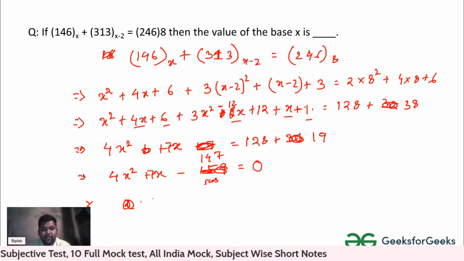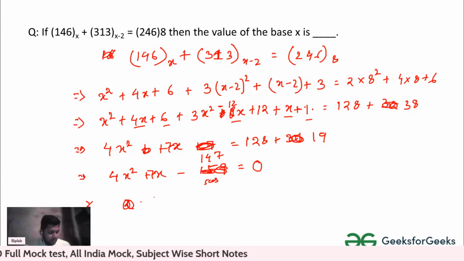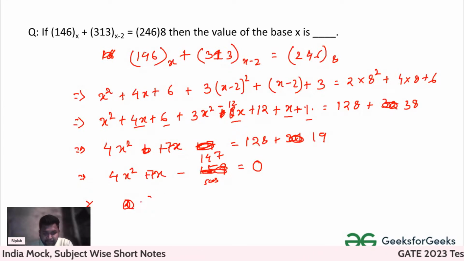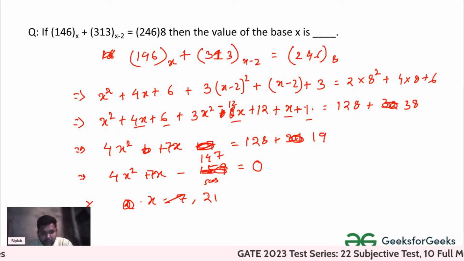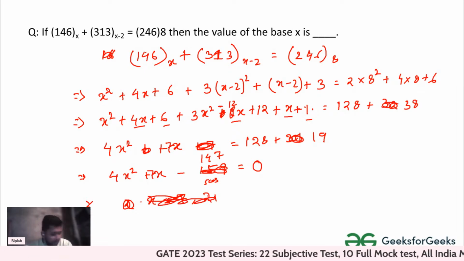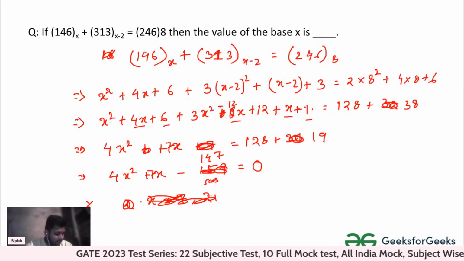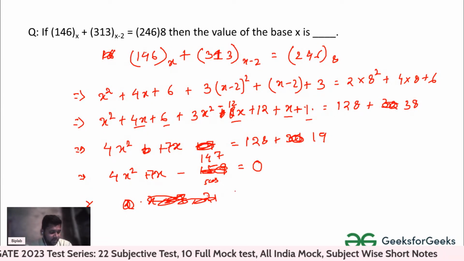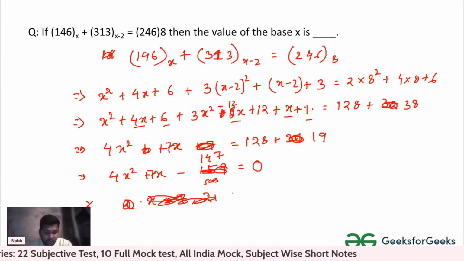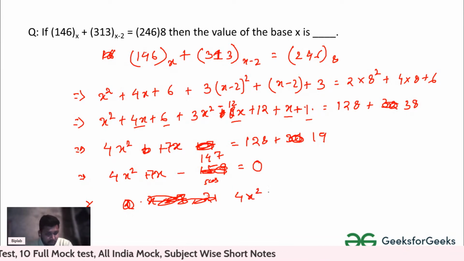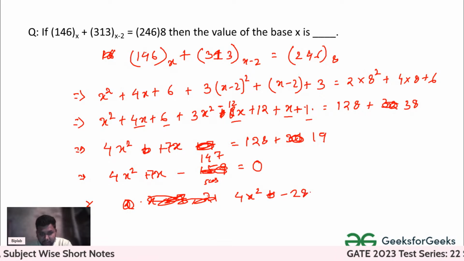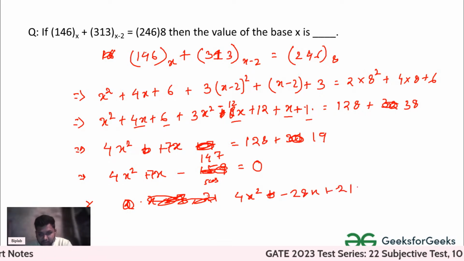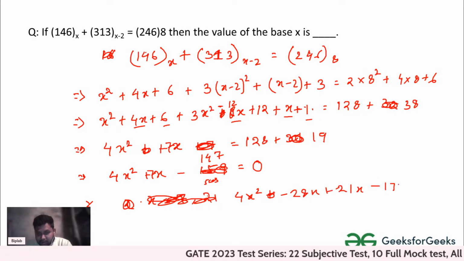21 into 7. 7 and 21. So 4x squared minus 28x plus 21x minus 147.